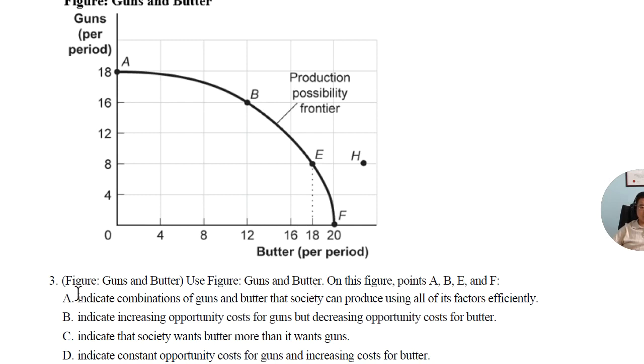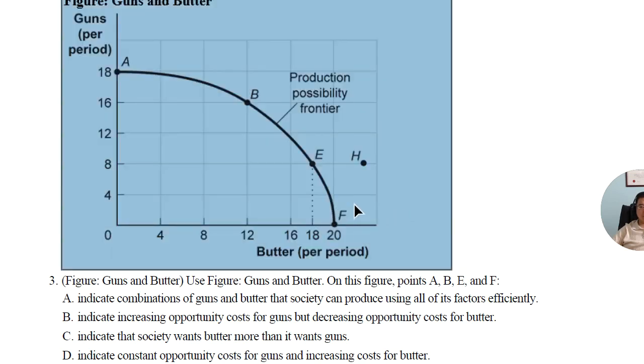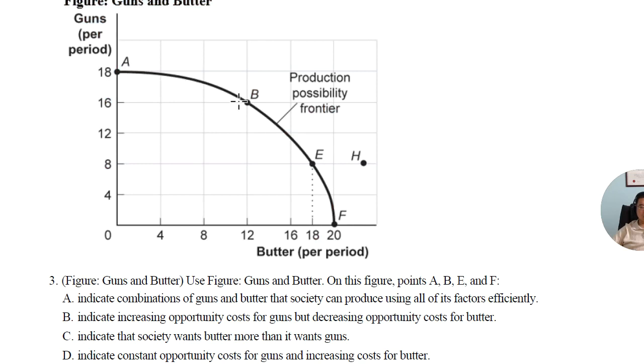Okay, let's look at what question 3 asks for. Use the figure of guns and butter. And the figure points A, B, E, F. These are what we call efficient points. They utilize all the resources in the economy to produce.